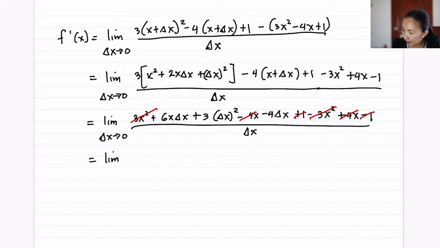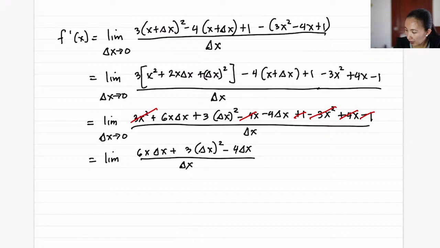So let's write them down. We have 6x delta x plus 3 delta x squared minus 4 delta x over delta x as delta x approaches 0. I hope you can follow. And then what's next from here? We factor out, nakikita ba ninyo o hindi?